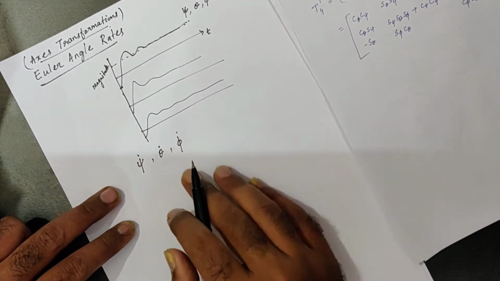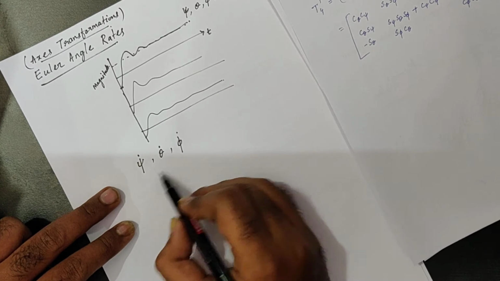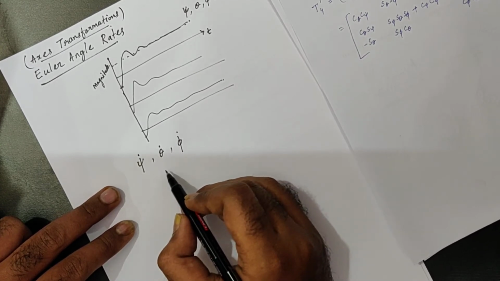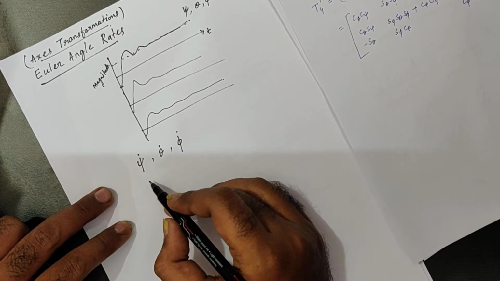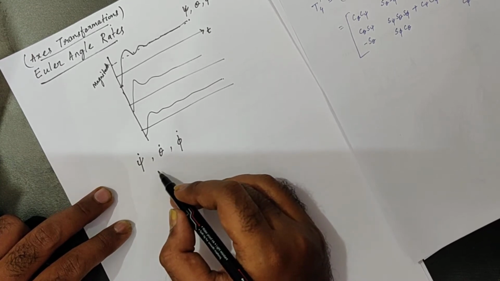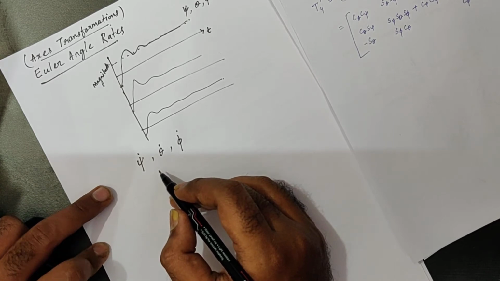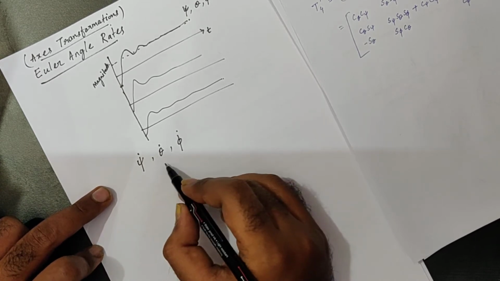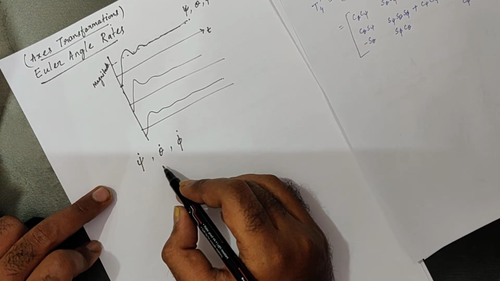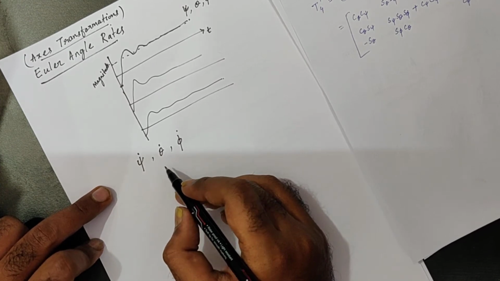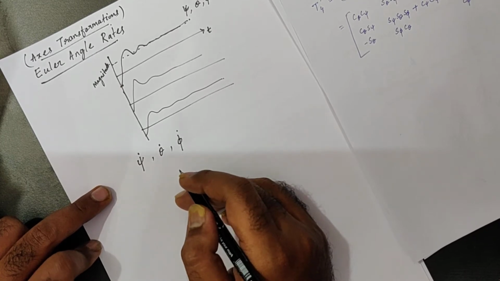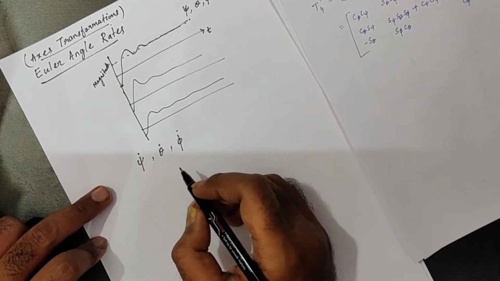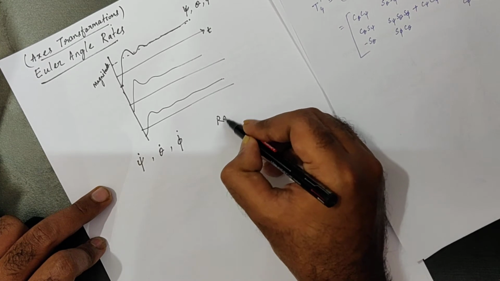But usually these are not directly measurable in an aircraft, or these are not available from the instruments directly. So in order to compute this, we need to rely on the measurement units or the data available from the aircraft instruments. So in the aircraft, we usually use the rate gyros.